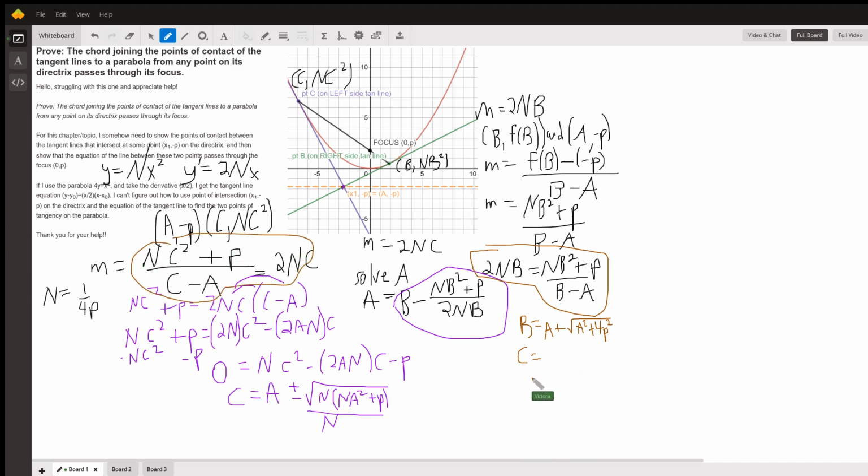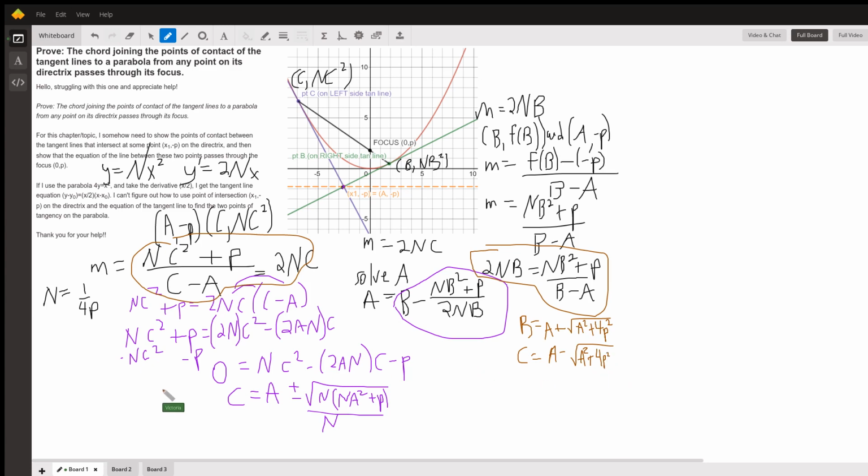If you solve it for c in terms of a and p, you find out that this c is a minus the square root of a squared plus 4p squared.